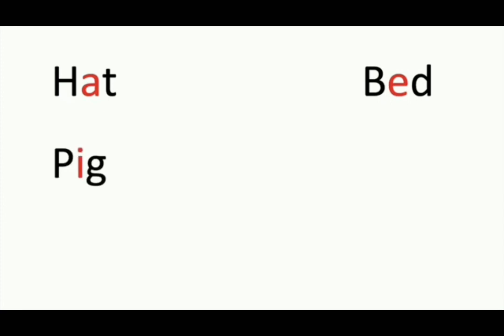Pig. P is a consonant, I is a vowel, G is a consonant. Hot. H is a consonant, O is a vowel, and the letter T is a consonant. Sun. S is a consonant, U is a vowel, N is a consonant.